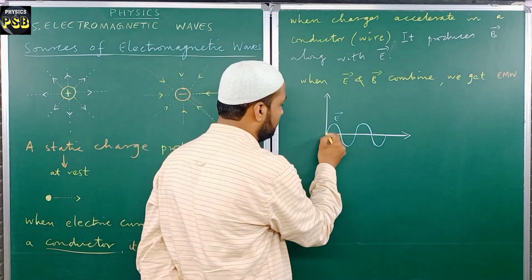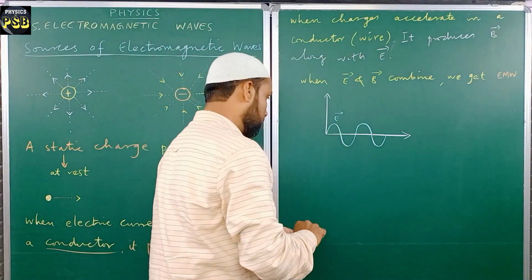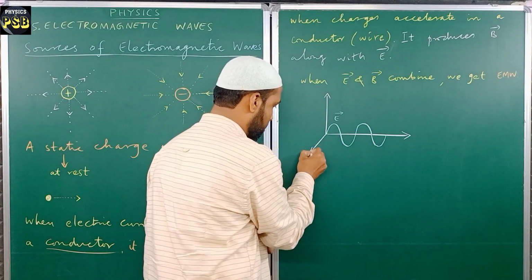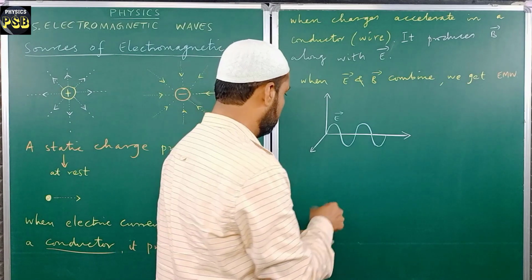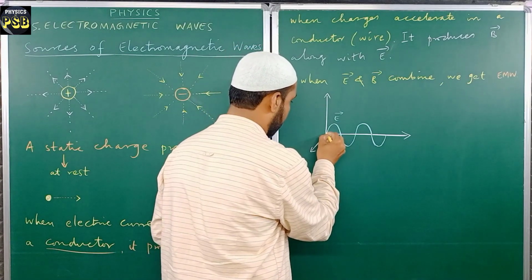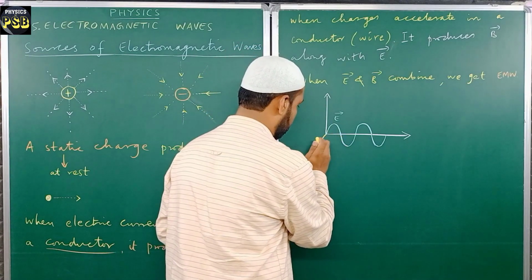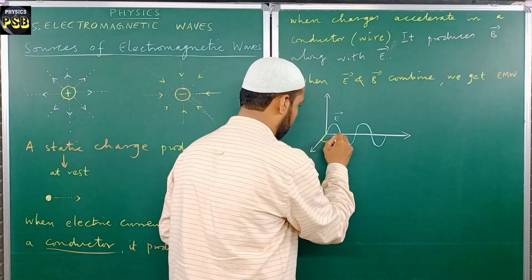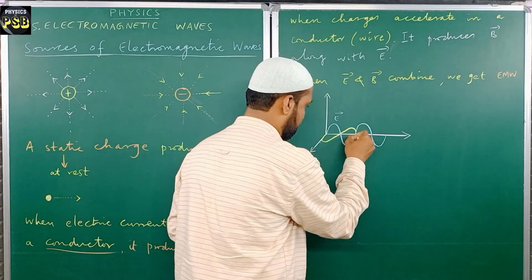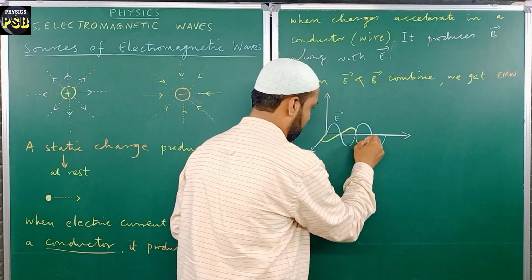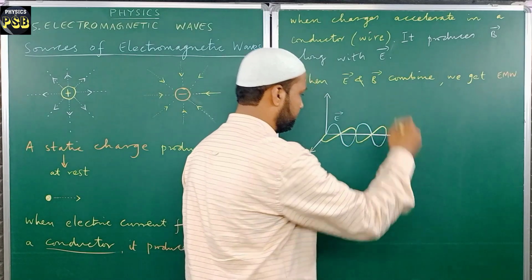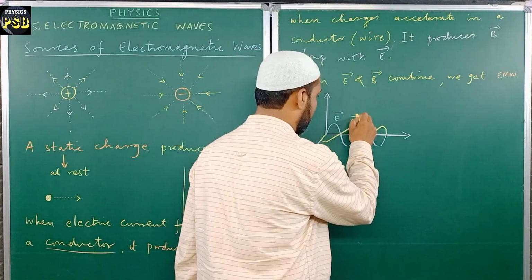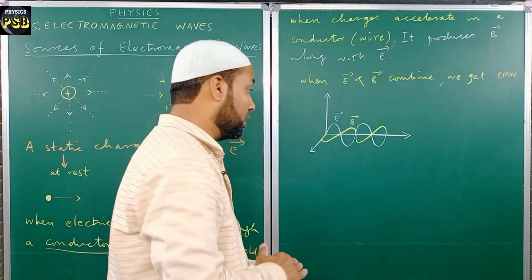This magnetic field is taken along this direction. This is the magnetic field, which acts just perpendicular.